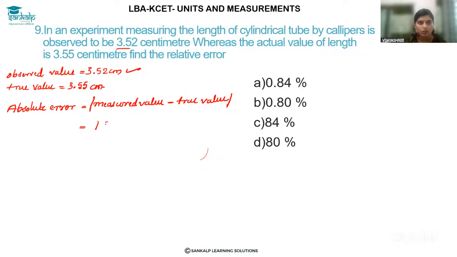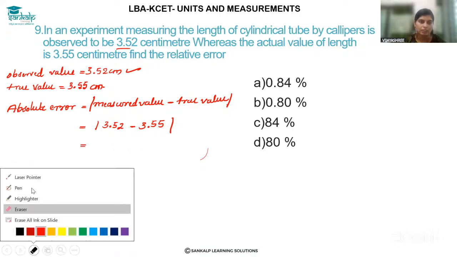It is equal to 3.52 centimeter minus true value, which is 3.55 centimeter. So 3.52 minus 3.55 is equal to mod of minus 0.03.